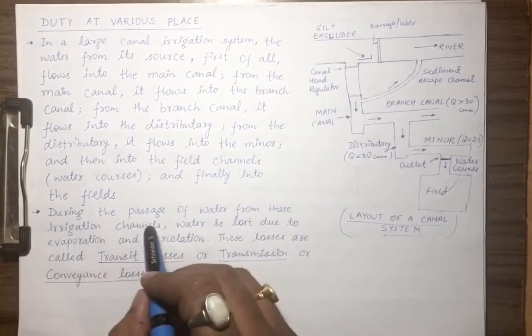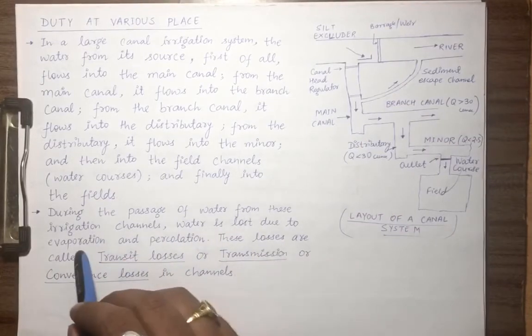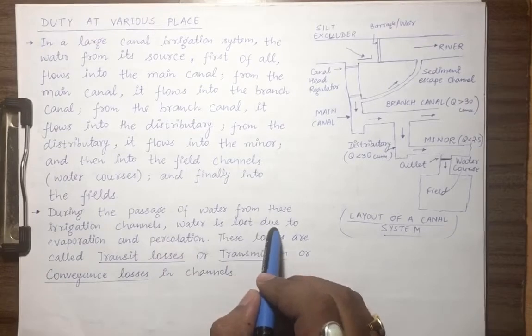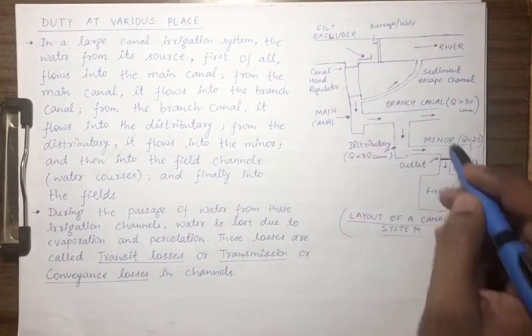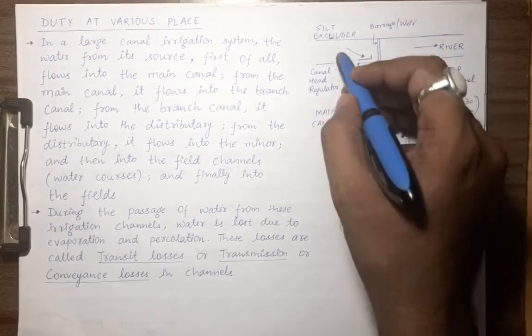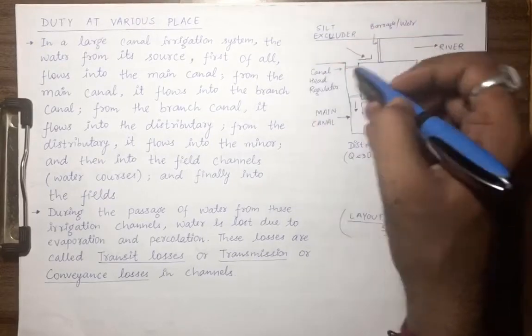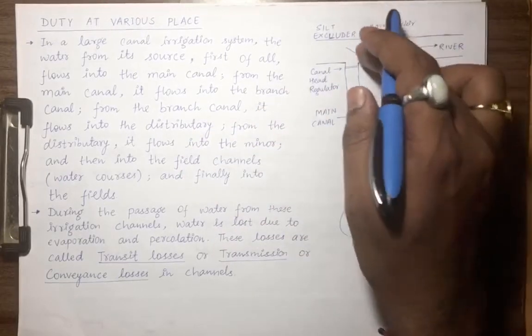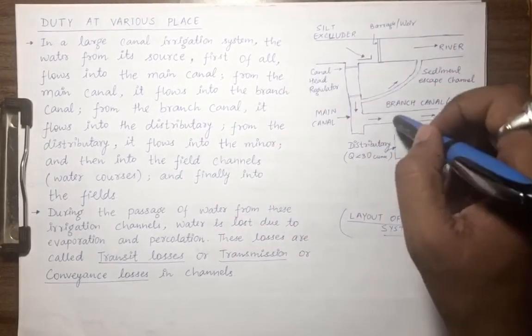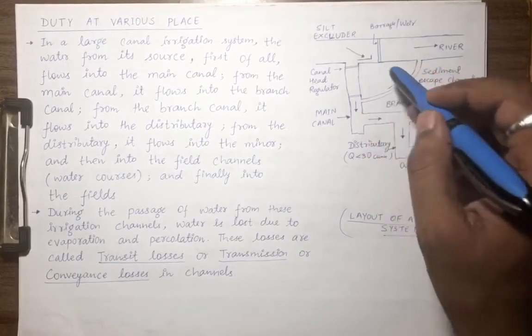During the passage of water through these irrigation channels, water is lost due to evaporation and percolation. This route is not very short. It is not 10 meter or 20 meter, it is in kilometers. The river is somewhere else, maybe in a different city or district, so the distance is huge.